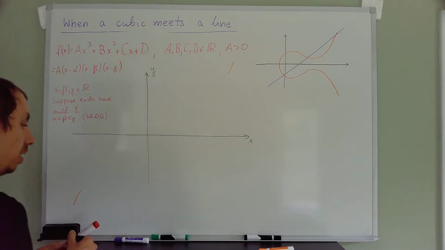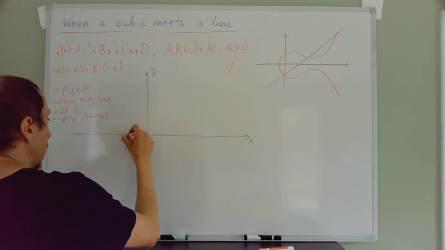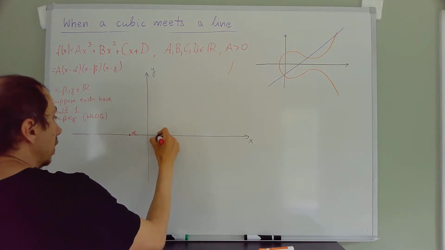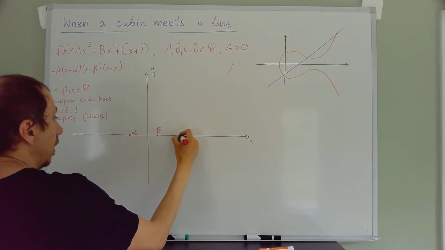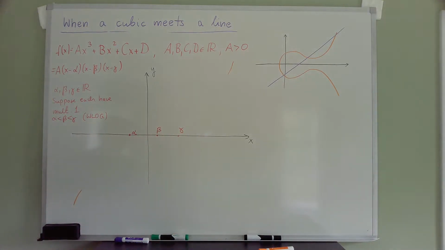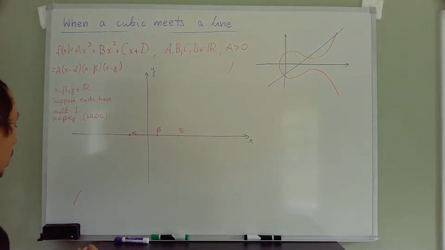So somewhere here, they are on the x-axis, so there will be maybe alpha, how about beta here, and gamma here. All right, so three distinct roots.